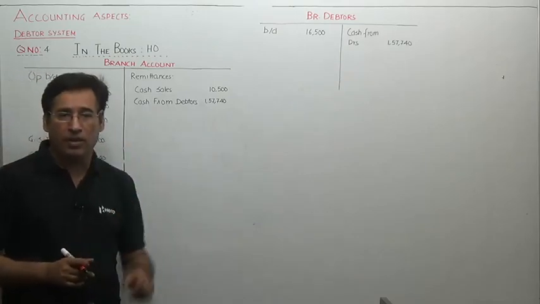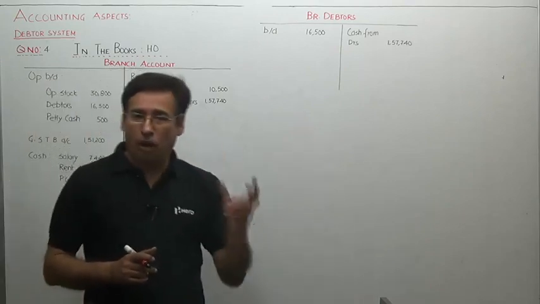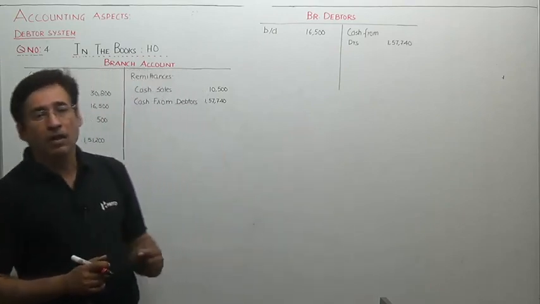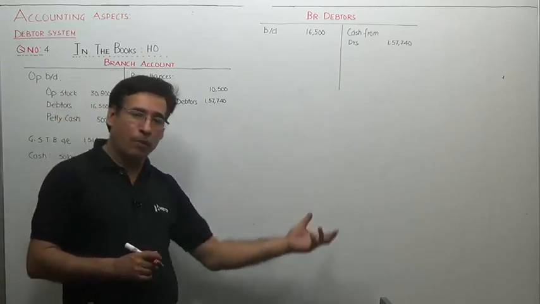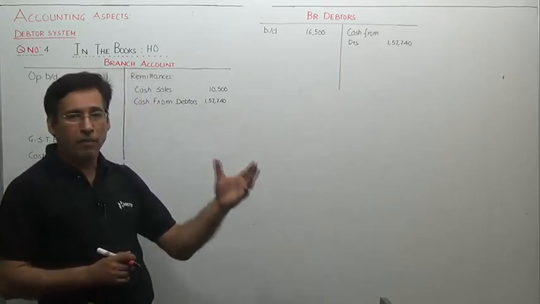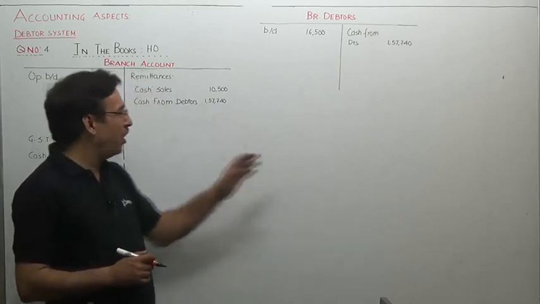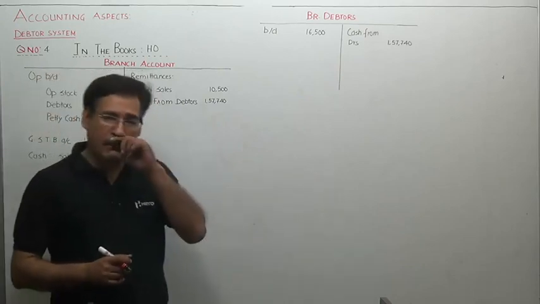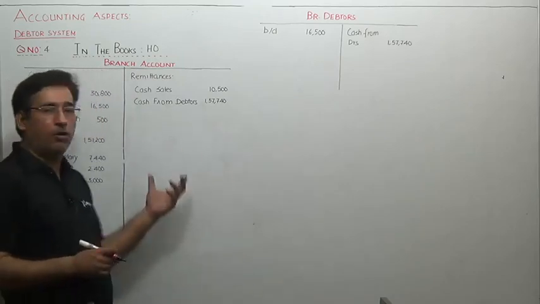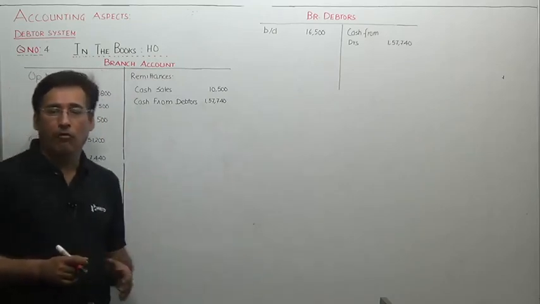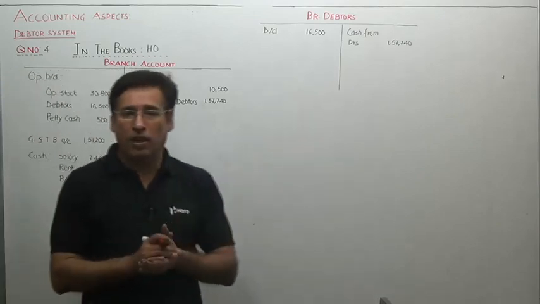Try to understand the point. If we are not preparing any real account, then I cannot write the depreciation. Similarly, if I am not preparing the petty cash account, which happens to be a real account, then I cannot write expenses directly under it. But at the same time, without bringing down the amount of expenses in this account, we shall not be able to find out our net profit.